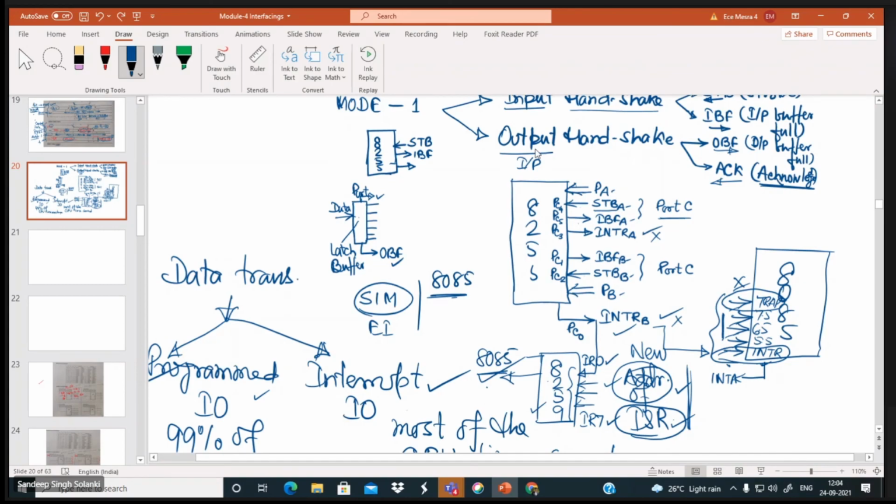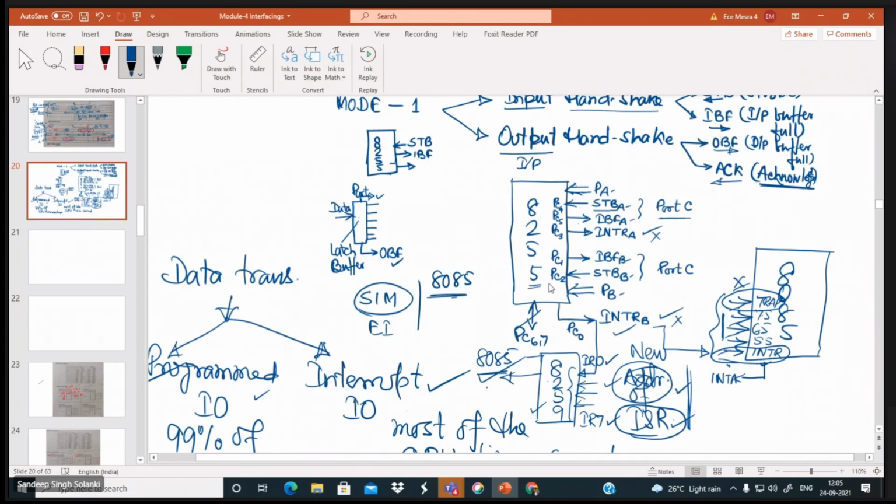That is the reason the 2 pins, PC6 and PC7, are available for inputting and outputting, but none of the other pins are available for your use. If you write anything there, it is not going to affect the pins of the port, because they are automatically controlled by 8255.